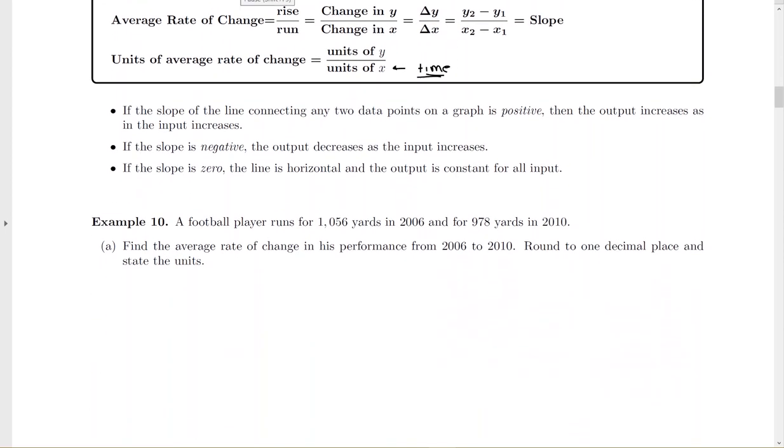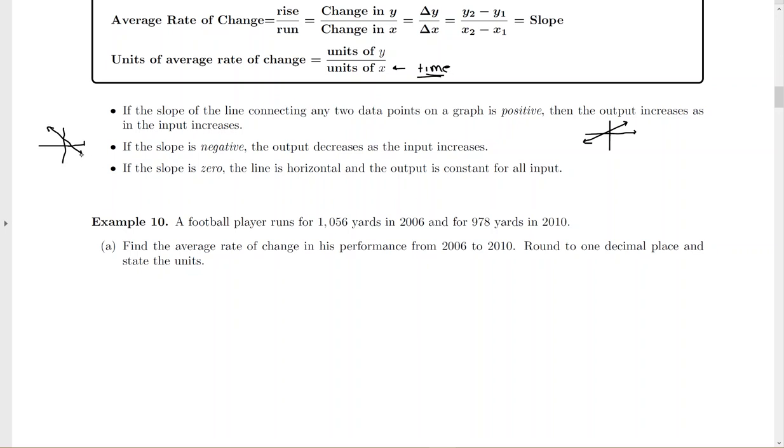If the slope of the line connecting the 2 points is positive, so let's think about a picture of a line that has a positive slope, it'll be going uphill. Then our output increases as the input increases. If the slope is negative, that means our line is going downhill from left to right.